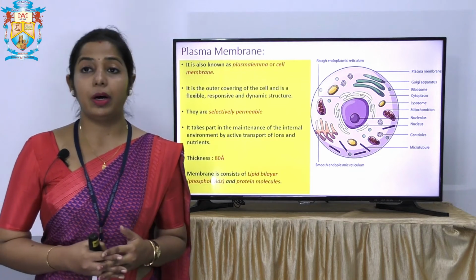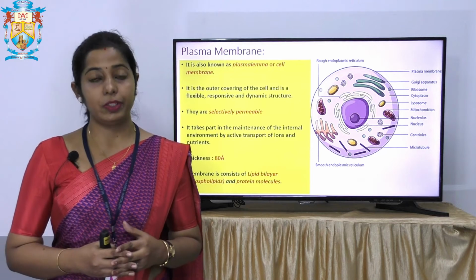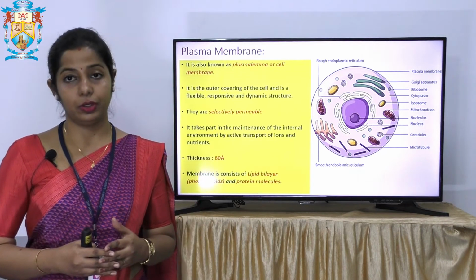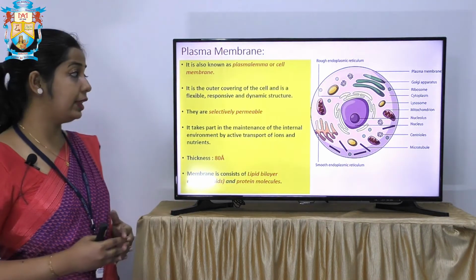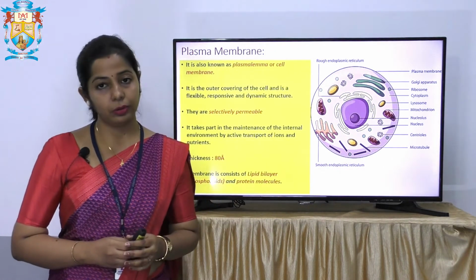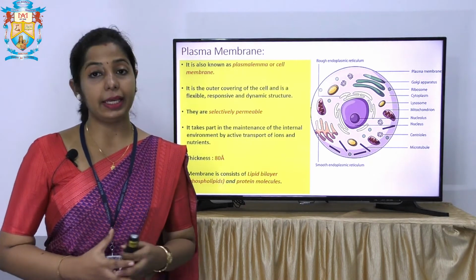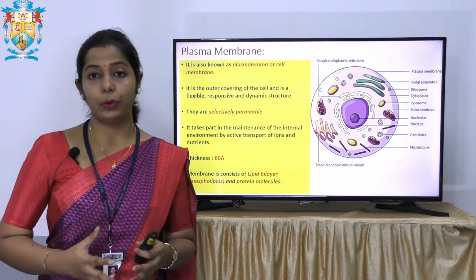It also takes part in the maintenance of the internal environment by active transport of ions and nutrients. The thickness of this membrane is around 80 Angstrom, and the composition of the membrane is mainly lipids and proteins.